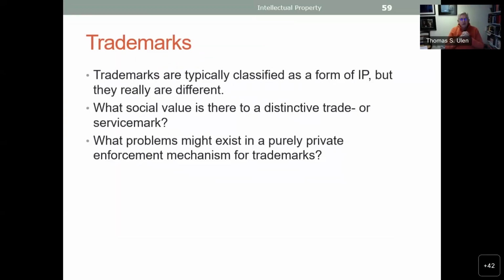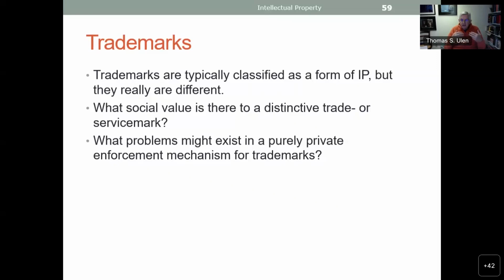Why do we have trademarks? Why is this intellectual property? Well, it's a method of providing an incentive for a producer of a product to develop a distinctive product that consumers will search out.